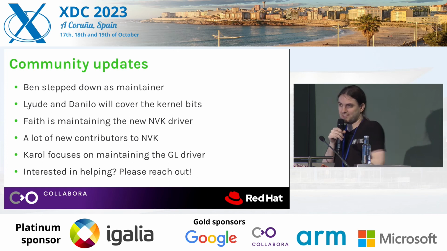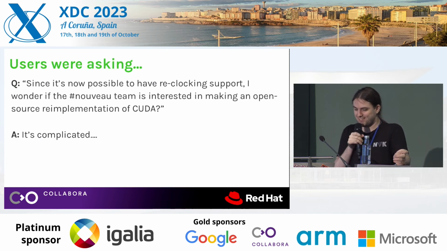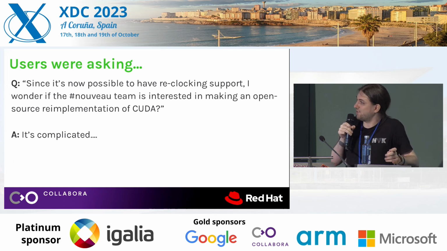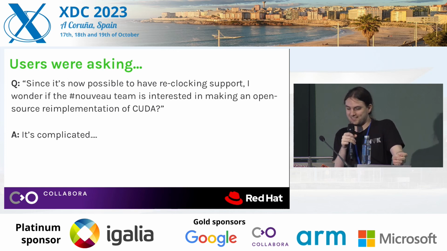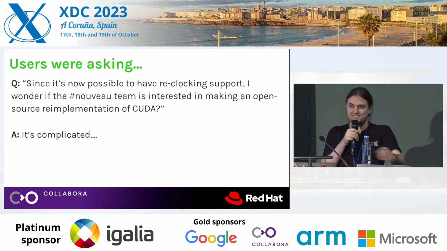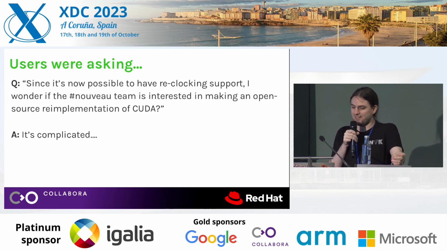So I've also asked for some questions beforehand on Mastodon, and I think one big question which will also come up in the future a lot is, what do we do about CUDA? Because that's kind of, with NVIDIA, people are just interested in seeing this happening. And I think it's really complicated to answer.